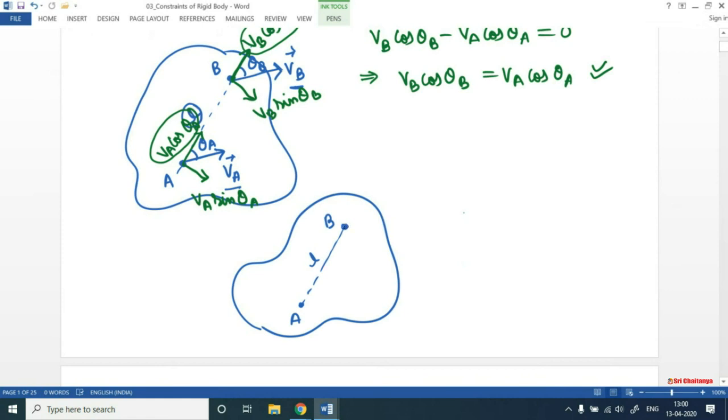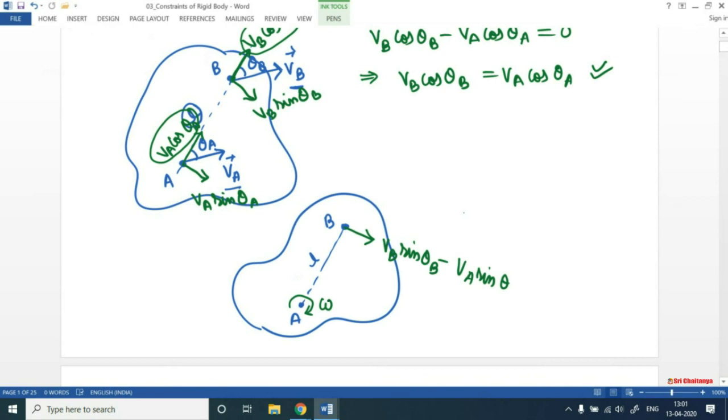So the velocity of point B with respect to A along this line is going to be 0, but it is going to have a tangential component of velocity. That would be VB sin theta B minus VA sin theta A, that we can safely say. Since point B is moving tangentially with respect to A, it will have some angular velocity omega.